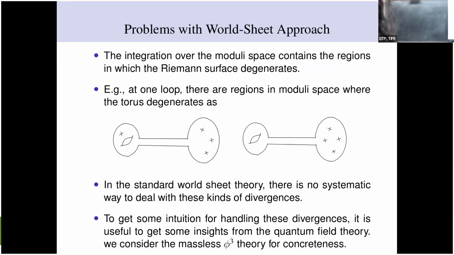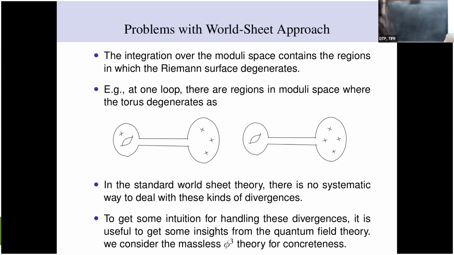The integration over moduli space contains regions in which this Riemann surface degenerates. In particular, there will be a region in moduli space where the torus degenerates like this, where three punctures come close to each other and one puncture is separated from these three by a long handle.